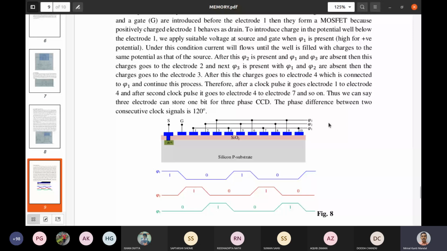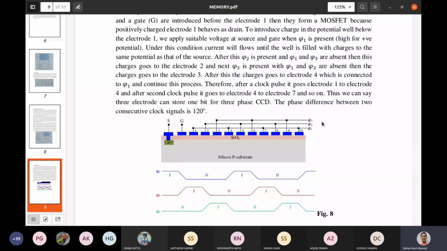So these phi 1, phi 2, phi 3 are non-overlapping clock signals. This clock signal has non-zero rise and fall time, and these are non-overlapping clock signals.